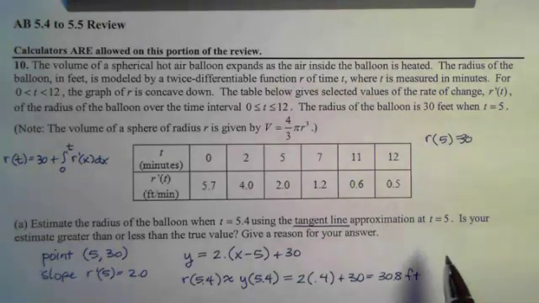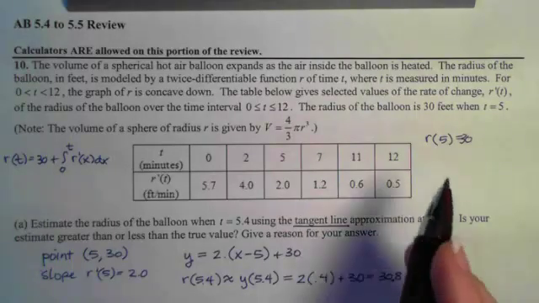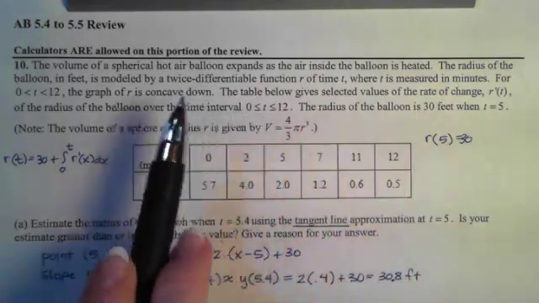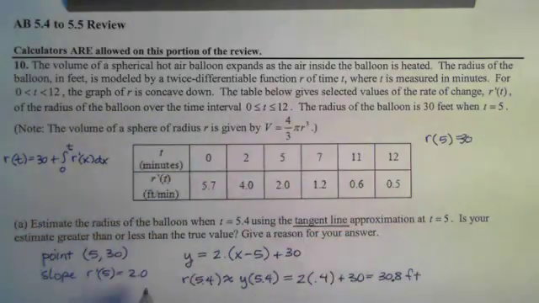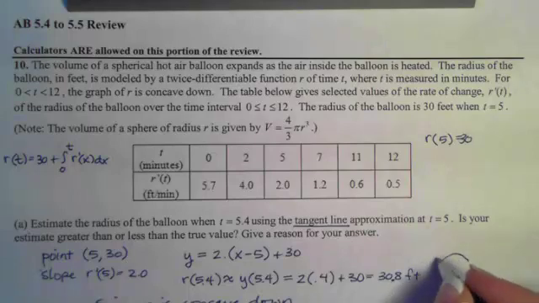Okay, next part, B. Is your estimate greater than or less than the true value? The thing that tells us whether a tangent line approximation is too big or too small is the concavity of the original function. If we go back up here, it says that the graph of r is concave down. So since r is concave down, that means my picture is frowning and I have a tangent line above it.